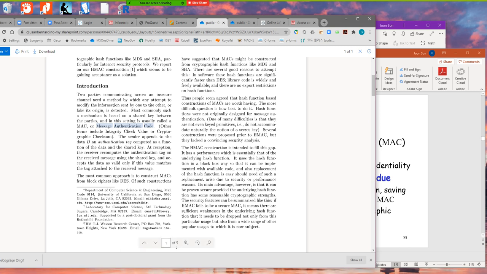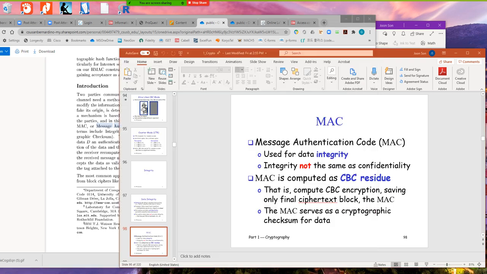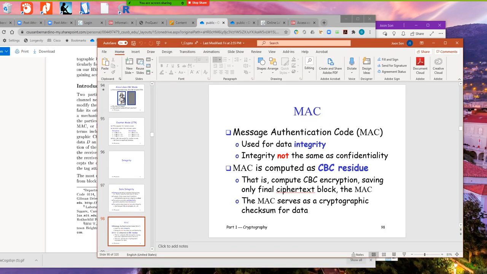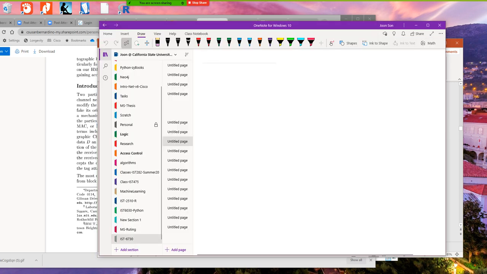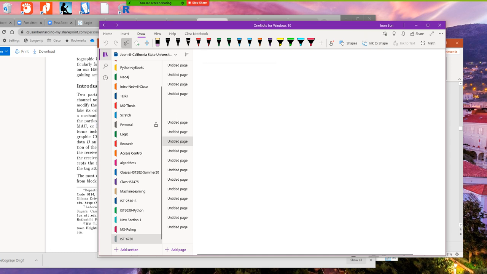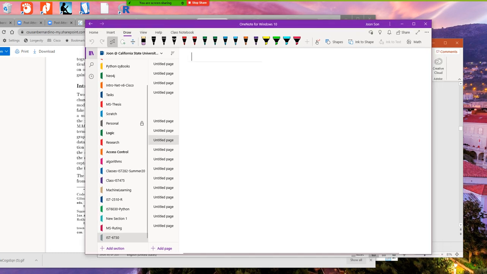And so, the HMAC. Okay, let me just write this down because I don't want you to be confused. You can think of it this way. In general, here's the MAC, message authentication code.